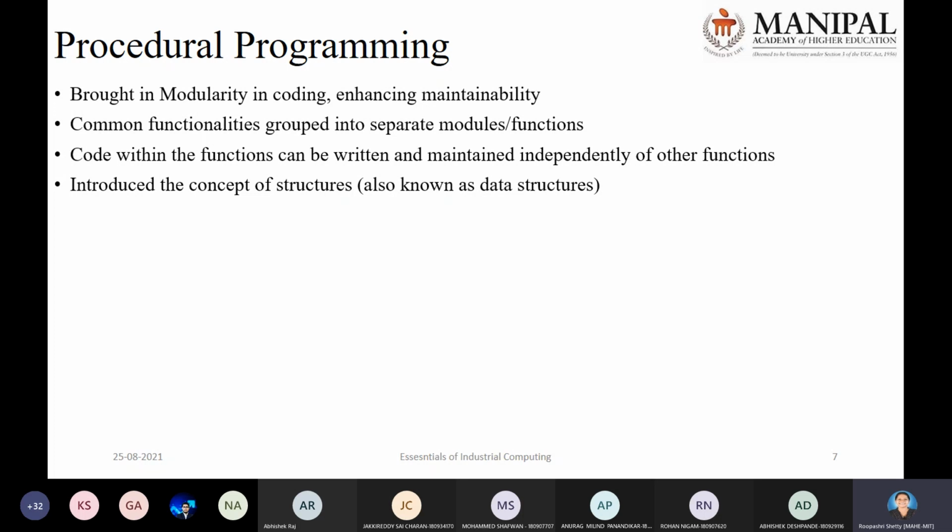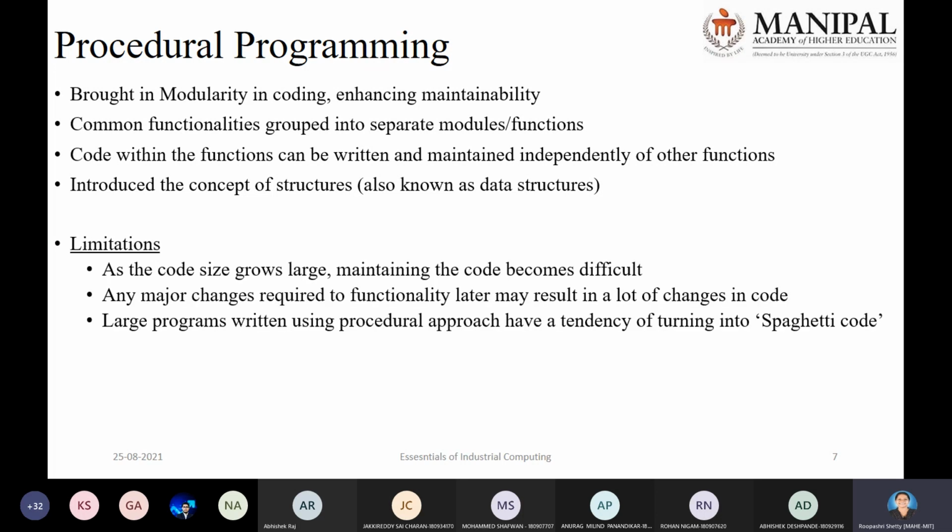There comes the concept of structures or data structures. It is basically the representation of data in the computer's memory or storage. So that is the advantage of procedural programming.